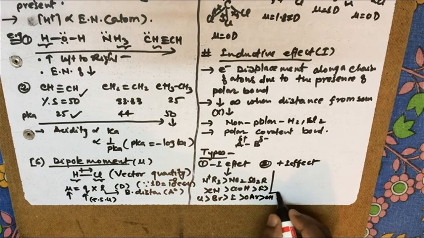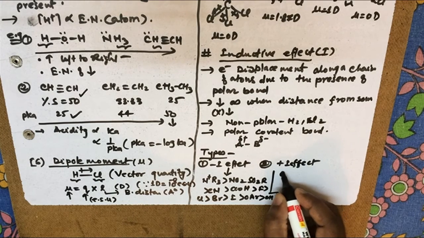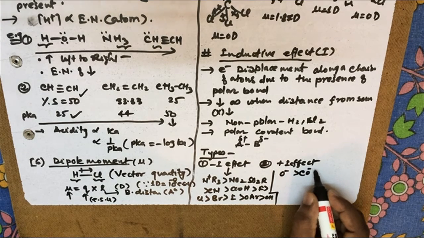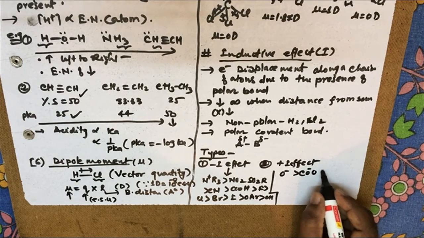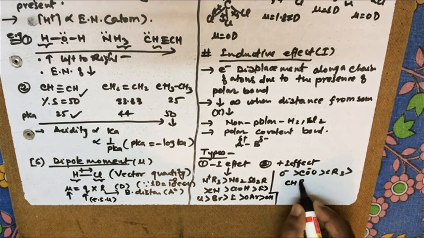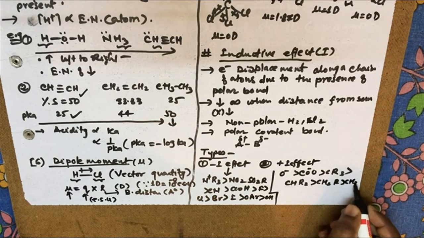There are several, but plus I effect: any atom or group which attracts electrons less strongly than hydrogen is known as plus I effect, like O minus, COO minus, CR3, CHR2, CH2R, CH3.